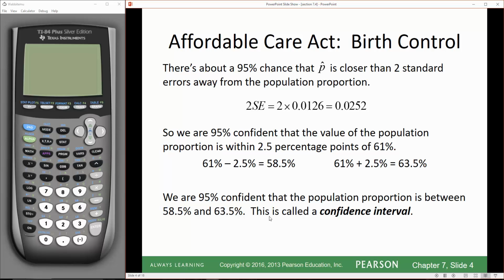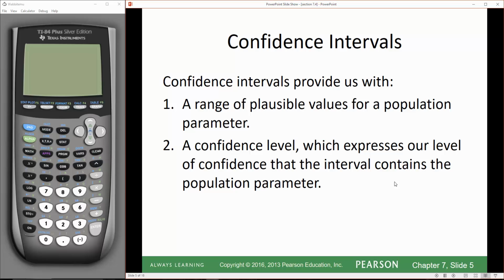So this is what we call a confidence interval, right? So we're trying to build this. You're trying to find what two values make up where the two standard errors are. So confidence intervals provide us with two things. One, a range of plausible values for a population parameter, and two, a confidence level which expresses our level of confidence that the interval contains the population parameter.